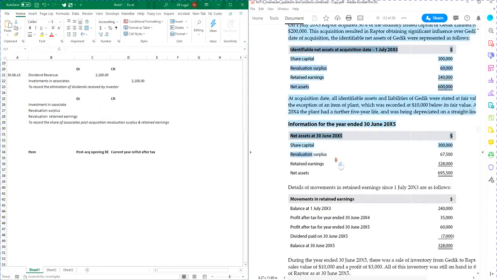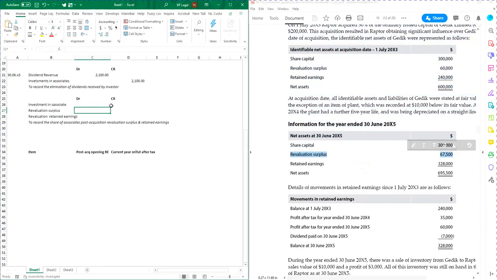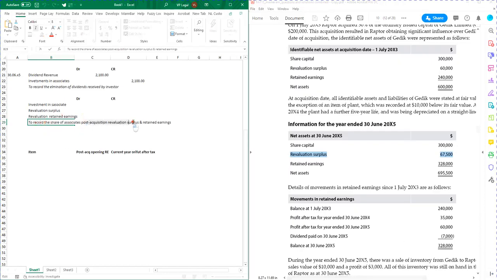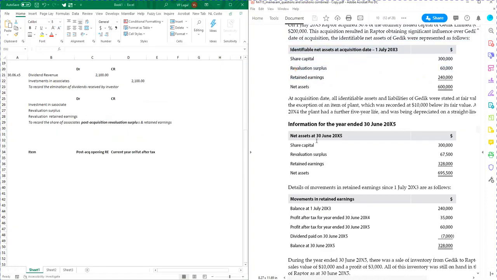So we've got an amount here, the 67,500. Let's figure out what that is. Keep in mind, as per the notes, we only need to calculate the post-acquisition surplus. We know the opening balance was 60,000, and the closing balance was 67,500.